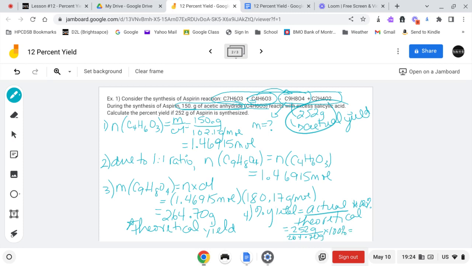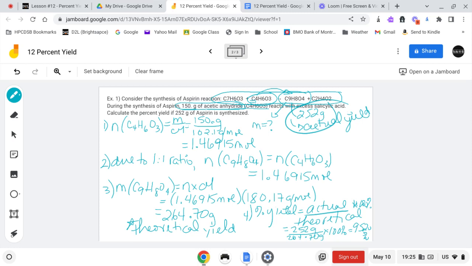It gives me a value close to 100, but not exactly. It almost never is exactly 100% because you lose mass along the way. Sometimes you pick it up. So I'm getting a value of 95.20% for the percent yield of this particular question.